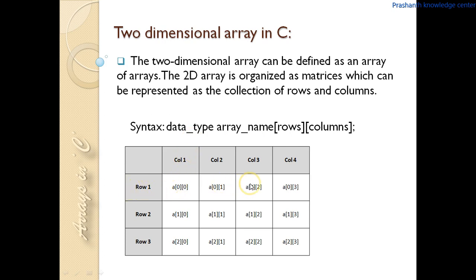If we are checking the first row, A[0][0] is first row and first column, in the first row second column A[0][1], first row and third column A[0][2]. Like this we will have the memory of the two-dimensional array.